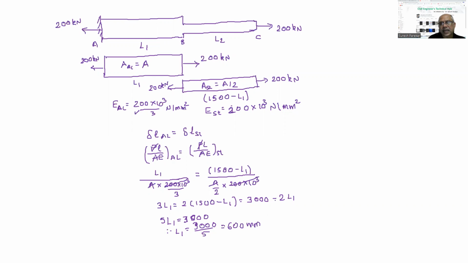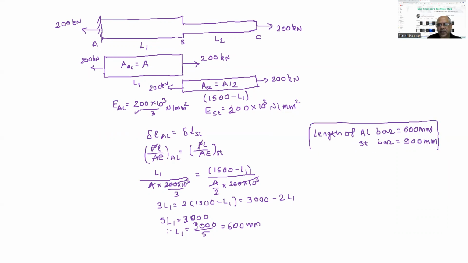So the length of aluminum bar is 600, and the length of steel bar is 1500 minus 600, which is 900 millimeter. Likewise, whatever data is given, you have to write it very clearly and then start to solve the problem.